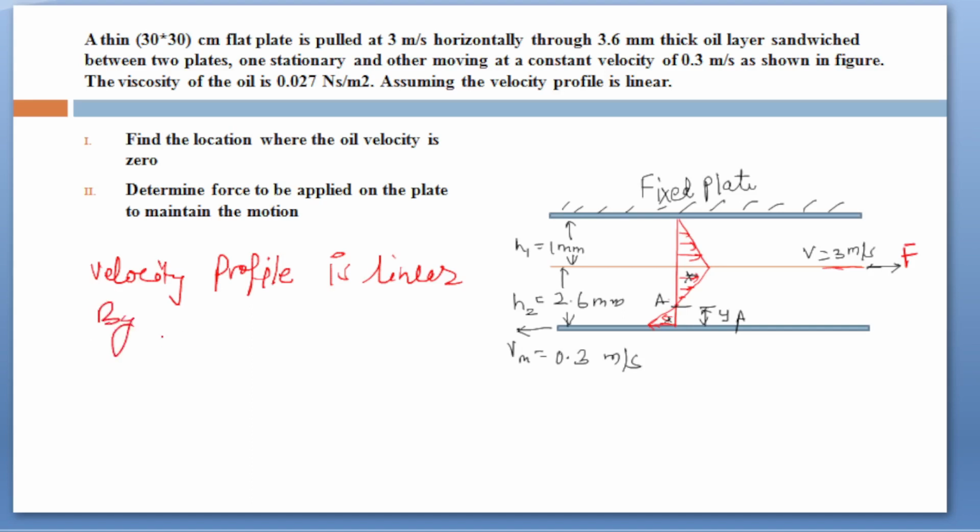So by similarity, (h2 minus ya) divided by ya is equal to v by vm.